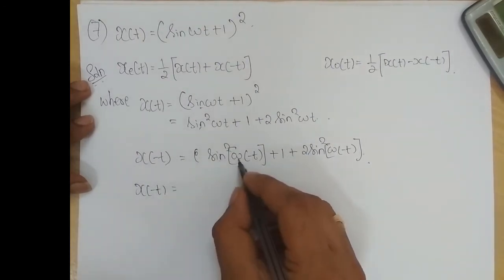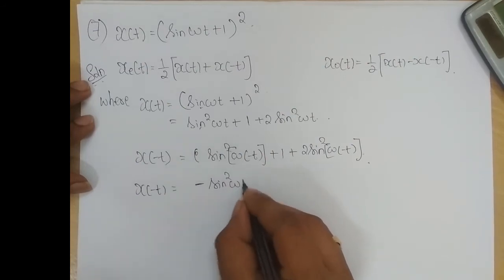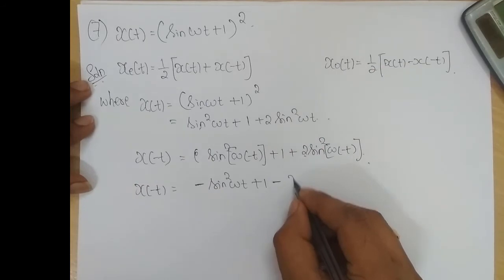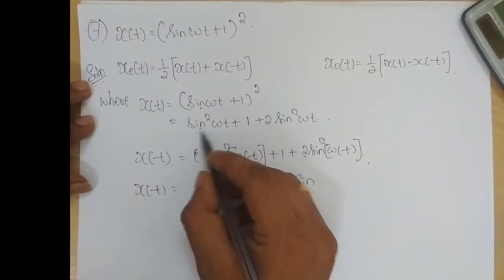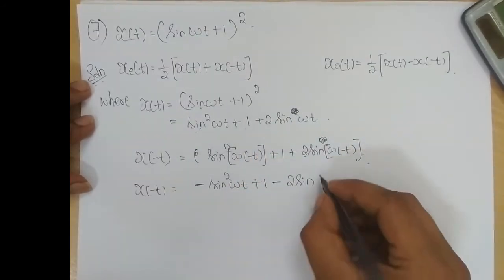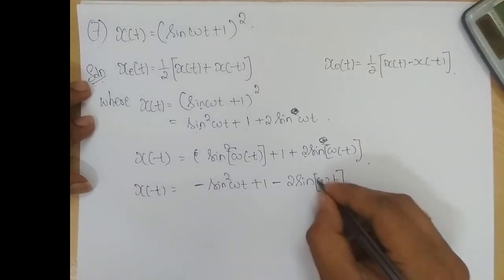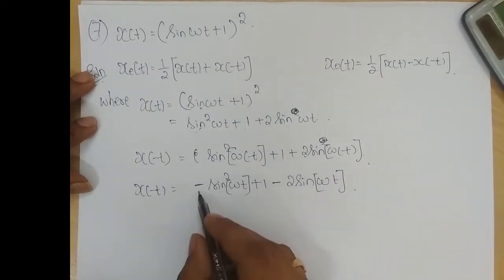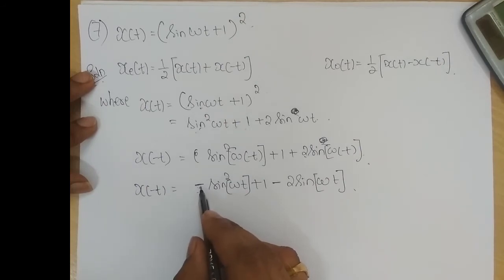What is sine? Since sine is an odd signal, it is sine square omega t plus 1, and again minus of 2 into sine, this is not square, right? A square plus b square plus 2a into b, not square. So sine into omega t, this omega t is in the angle. Now, since it is square, this is basically plus, right?